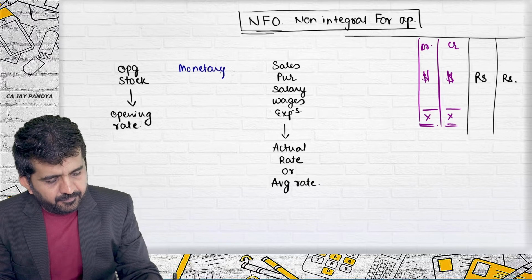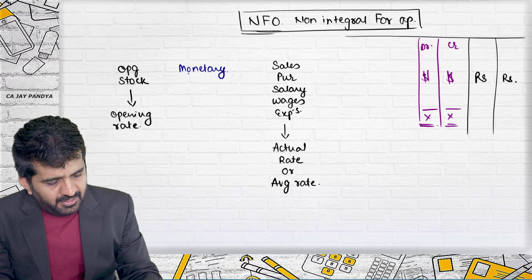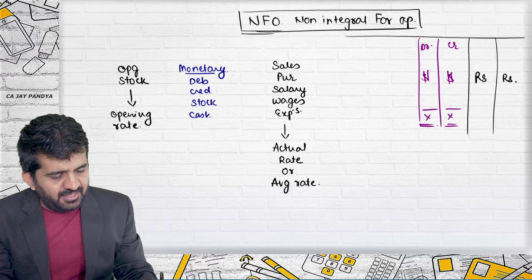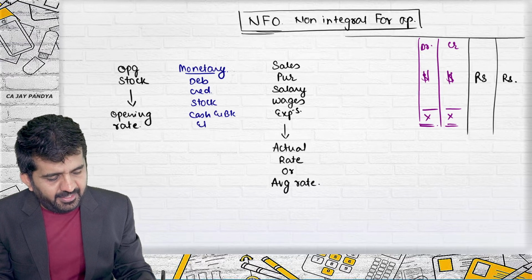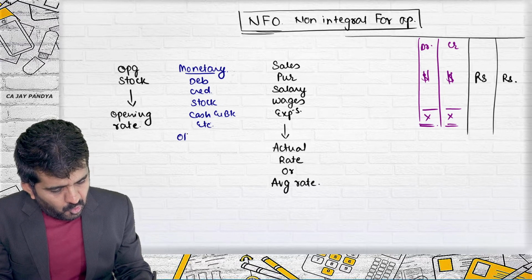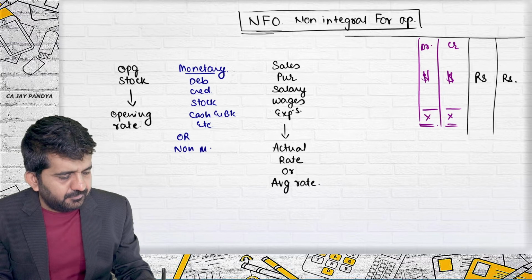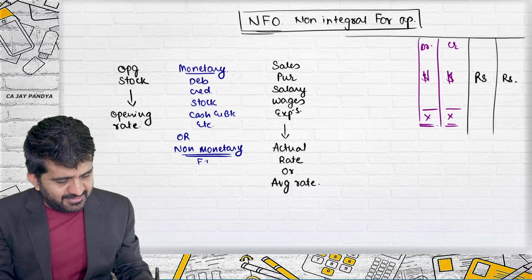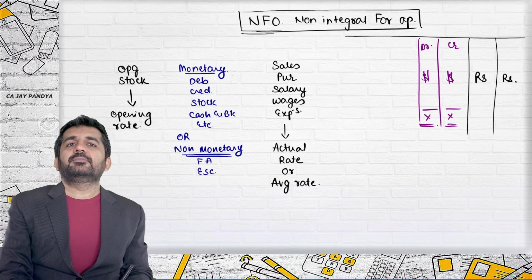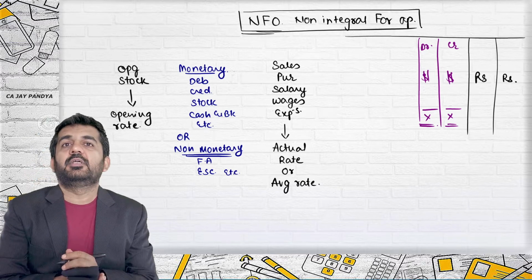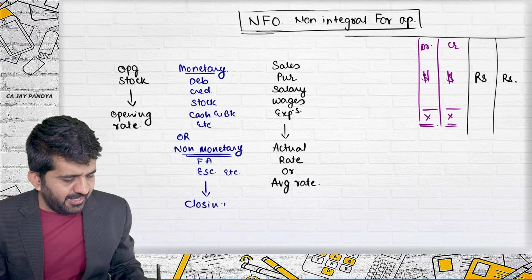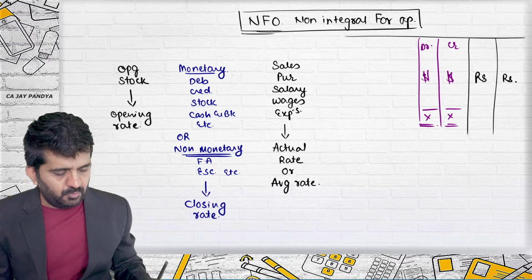Monetary items like debtors, creditors, closing stock, cash and bank, etc. Or non-monetary items, fixed asset, equity share capital, etc. Both are recorded at closing rate.